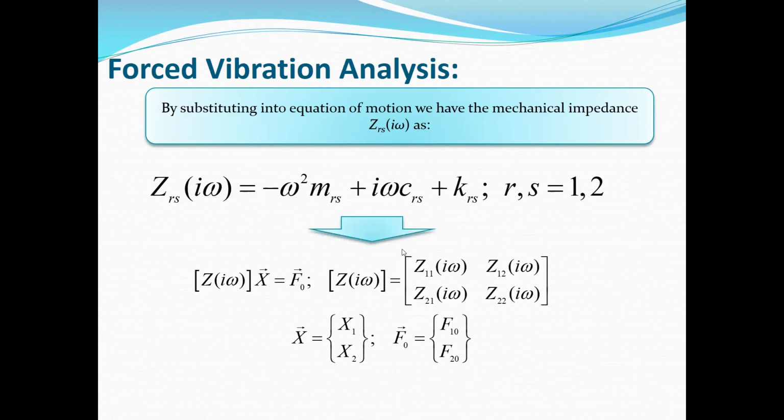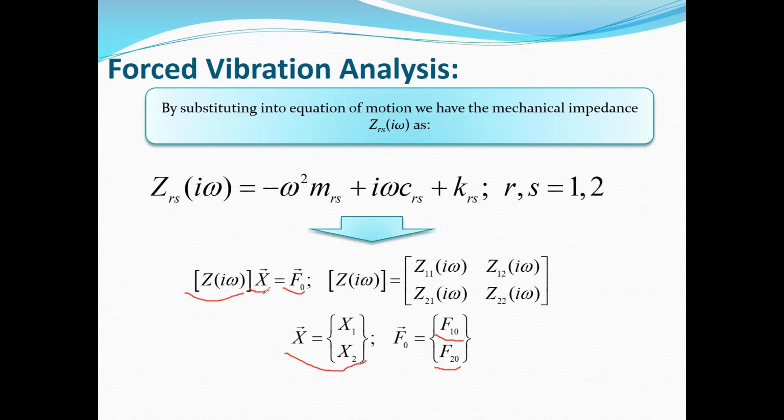And now we can find X by using matrix calculations. Here, the mechanical impedance multiplied by the amplitude vector, which is X1 and X2, is equal to F naught, which in fact is the amplitude of the excitation, F1 and F2.